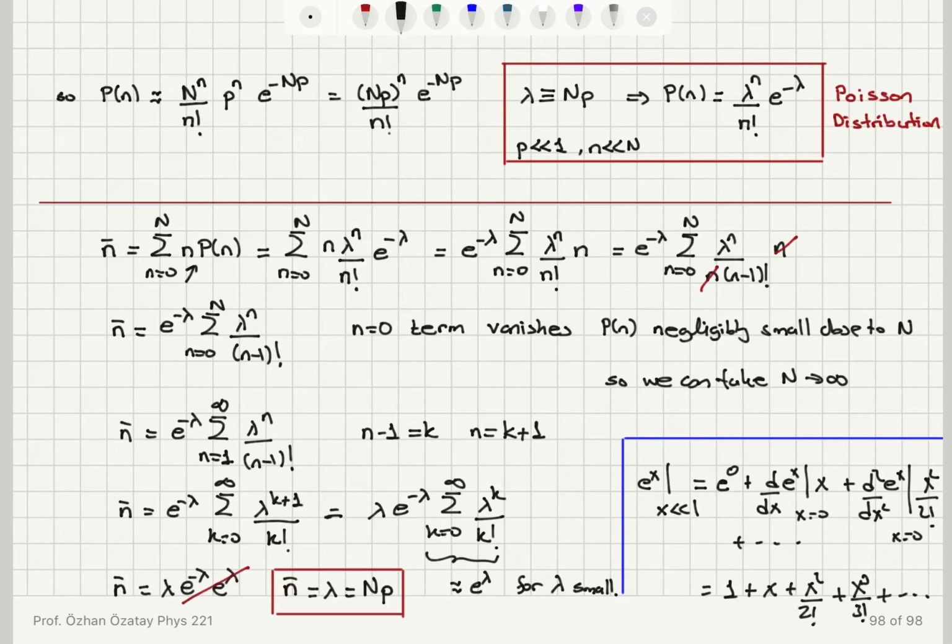We can take it to be infinite for a good approximation in the summation. And there we recognize the Taylor series expansion of the exponential function, and we show that the average value of n is lambda, which is capital NP, that is consistent with the Gaussian distribution calculation we have done before.